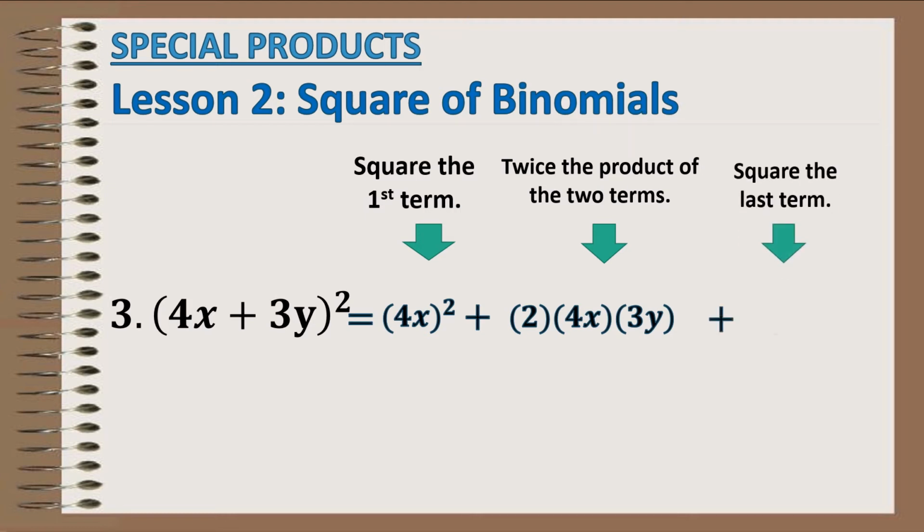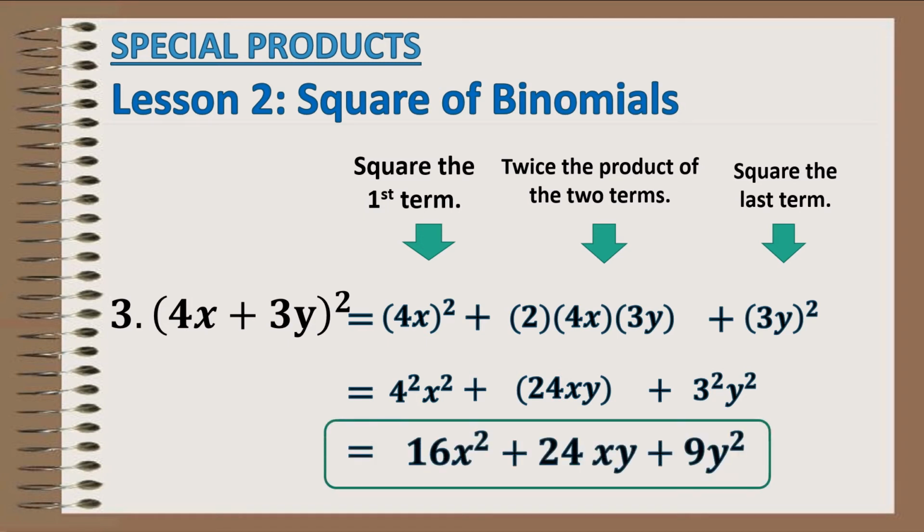We have the quantity of 3y closed quantity squared. Simplify, we have 4 squared x squared plus the quantity of 24xy plus 3 squared y squared. And our final answer is 16x squared plus 24xy plus 9y squared.